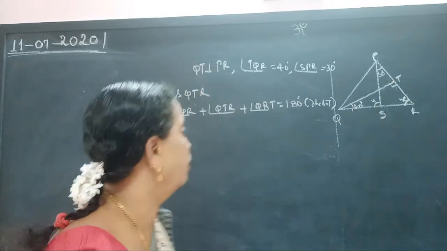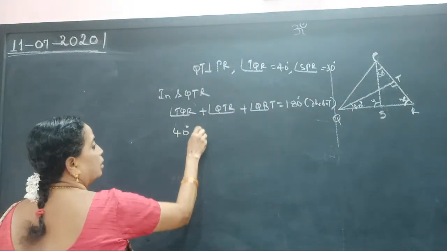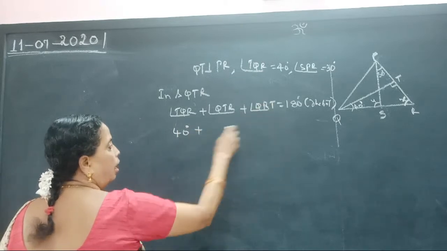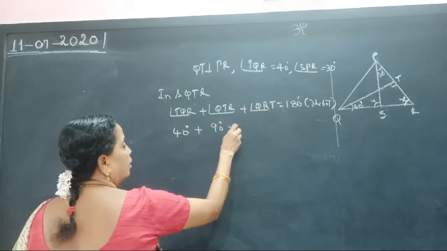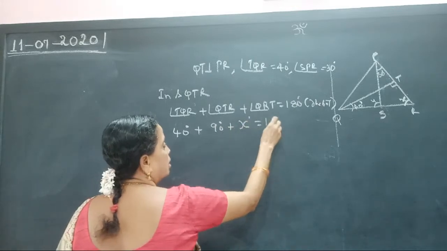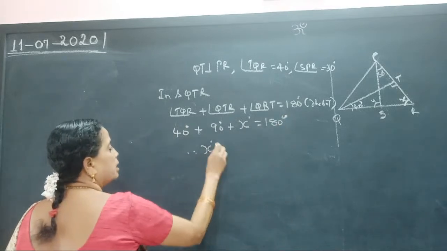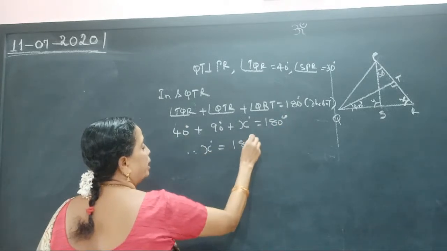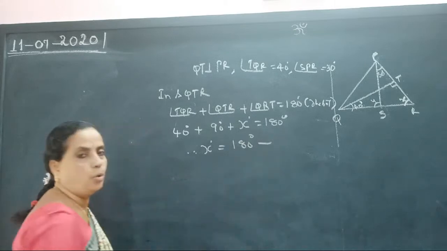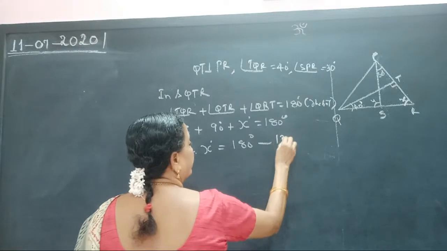Clear? Now let us write TQR as 40 degree. Then QTR as 90 degree. For QRT you write x degree equals 180 degree. Therefore, x degree equals 180 degree minus, you add up 90 plus 40, it is 130 degree.